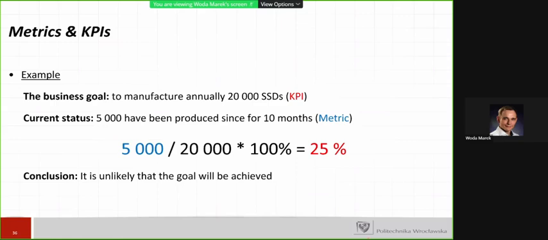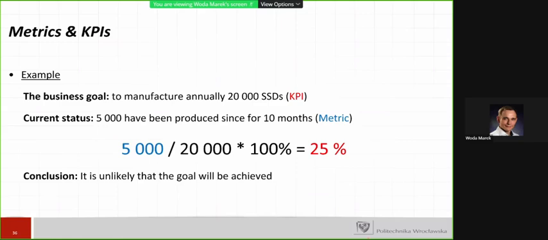Currently, let's say we are in the 10th month of production, so 2 months left, and only 5,000 have been produced. This is our metric. So you can see the difference. The goal is to be a prominent manufacturer able to produce 20,000 SSDs, and the current status shows that through 10 months out of 12, we produced only 5,000.